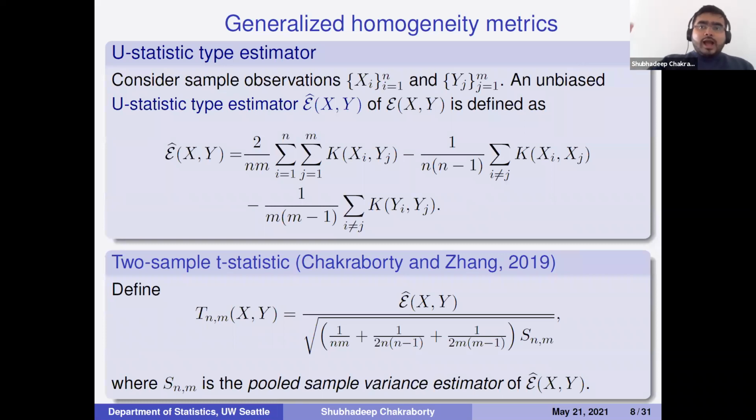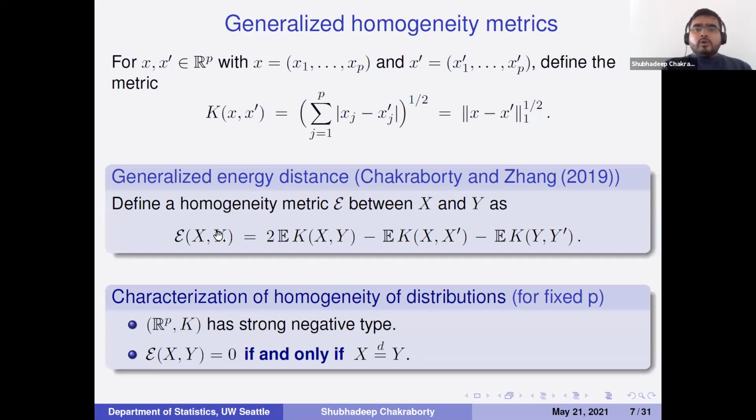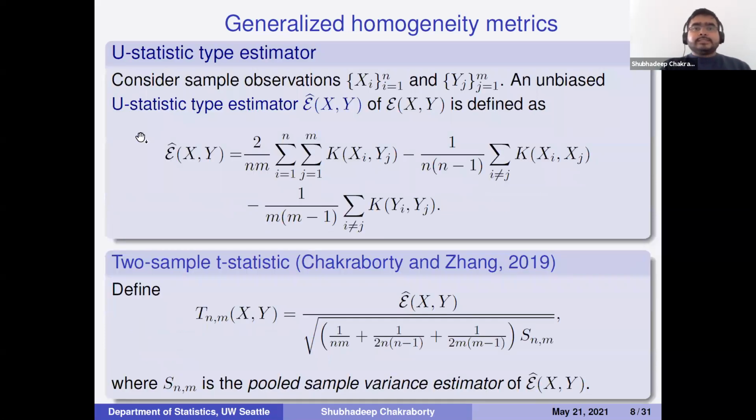Before going into how it behaves in the high dimensional framework, I should point out what the estimators are. Keeping in view the form of the generalized energy distance, suppose we have two samples, one on X, the other on Y. We define an unbiased U statistic type estimator of the generalized energy distance in this way, and based on that, we define a two sample statistic.